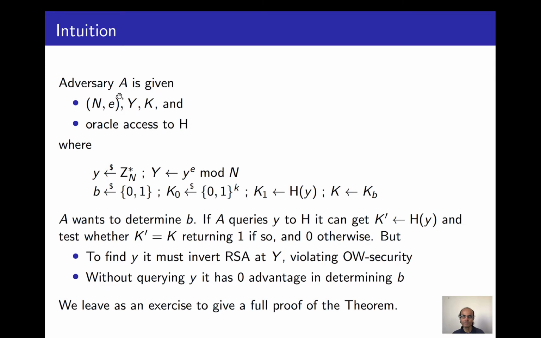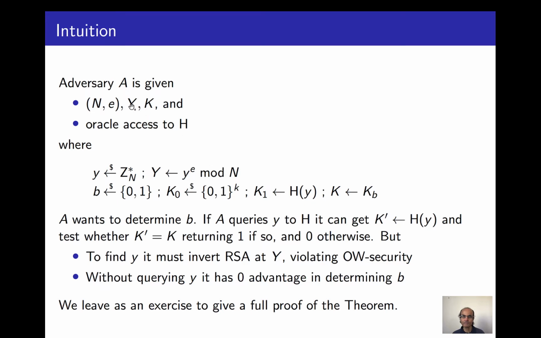So again, we are looking at this adversary A running in the KEM game for IND-CPA security. And so it'll get as input the public key, which here is the modulus and encryption exponent, since we are looking at RSA, and a ciphertext Y. How was that created? By picking a random point in Zn star and applying the RSA function to raise it to the eth power.